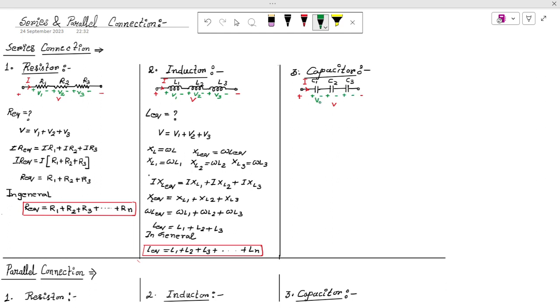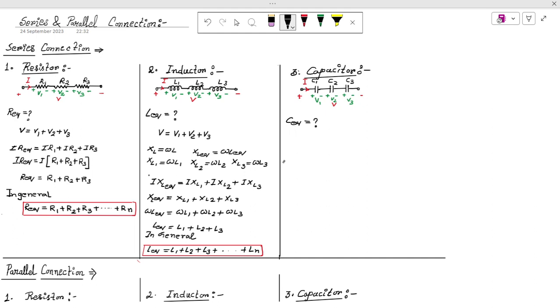This is V1, V2, V3 as before. And you have to find out C equivalent. Very important discussion for the case of capacitors connected in series.